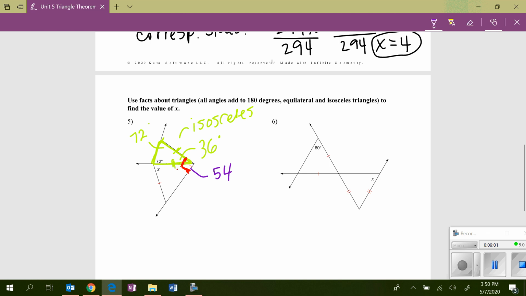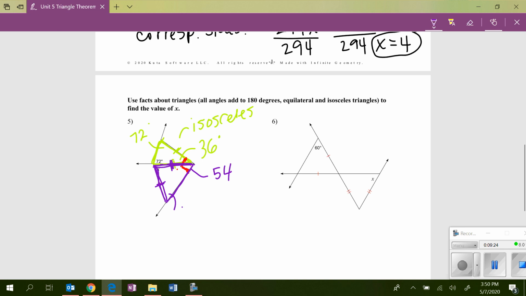Okay. Now I'm going to highlight this bottom triangle, call it my purple triangle. And this one is also an isosceles triangle because of this marking here and this marking here, saying that they are equal, the same, and that the opposite angles from those sides that are the same have to be equal.